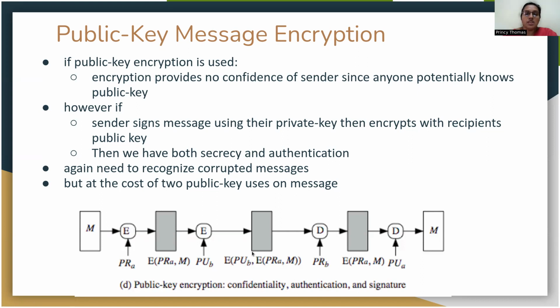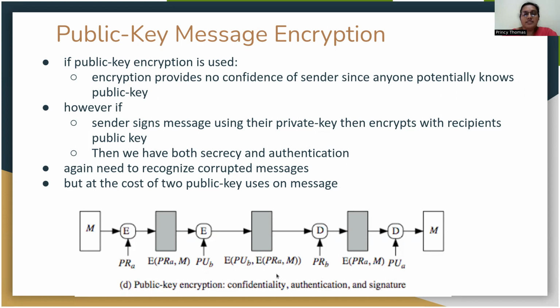So he uses the public key of A to decrypt and get the message. If he's able to decrypt using this public key of A, then it is understood that the message was sent by A. And here the confidentiality of the message is ensured.